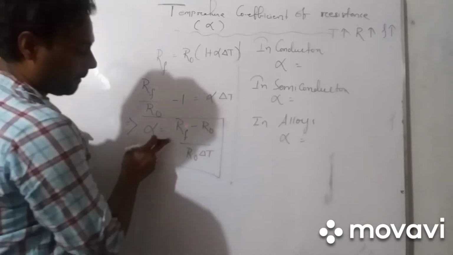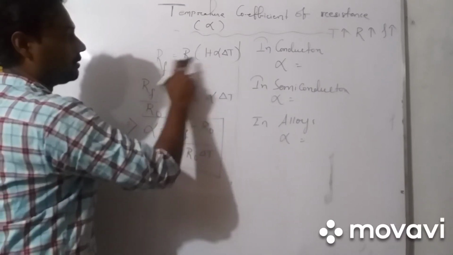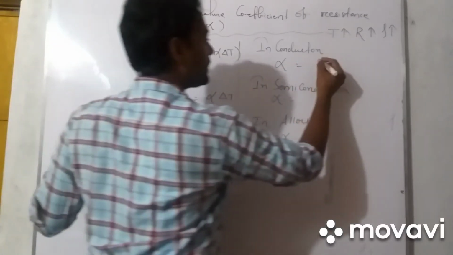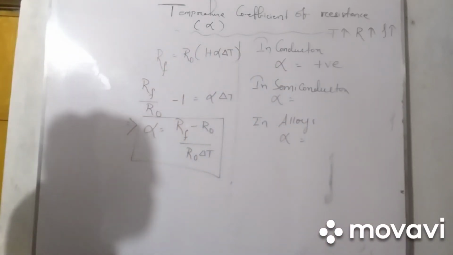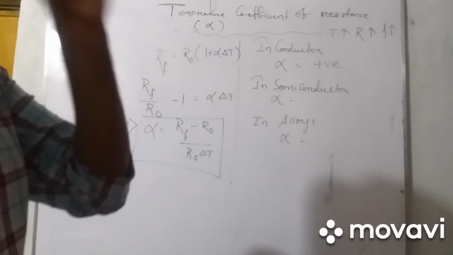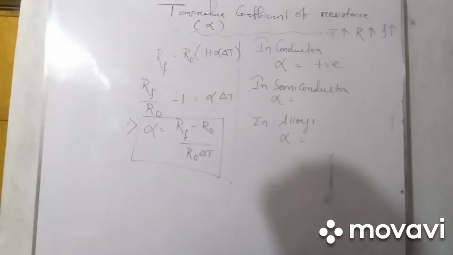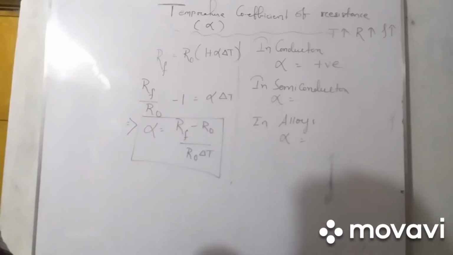That's why alpha becomes increases here in that case. So alpha is positive in nature. So in conductor, the temperature coefficient alpha is positive because resistance as well as resistivity increases.